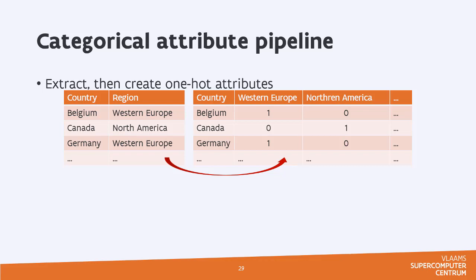One attribute for Western Europe, another attribute is Northern America, etc., etc. So one attribute per region, and each country will have an entry 1 when it is part of that region, and an entry 0 otherwise. Of course, there will be only one entry per line in this particular table. So Belgium is part of Western Europe. It has a 1 in the column for Western Europe, 0 everywhere else. Canada, on the other hand, has of course 0 for Western Europe and 1 for Northern America, because that's where it's actually situated.